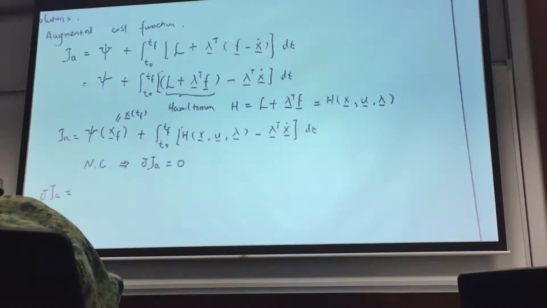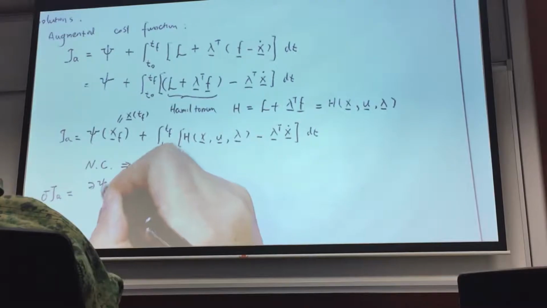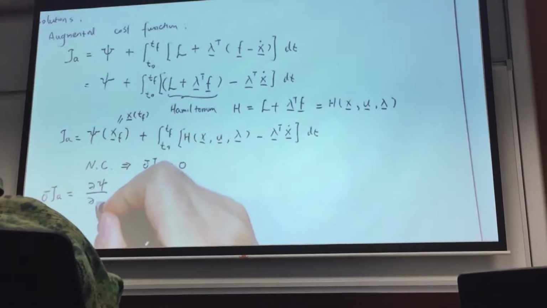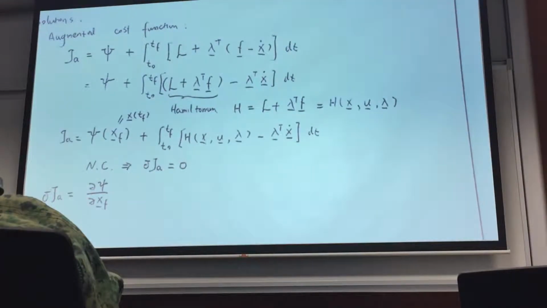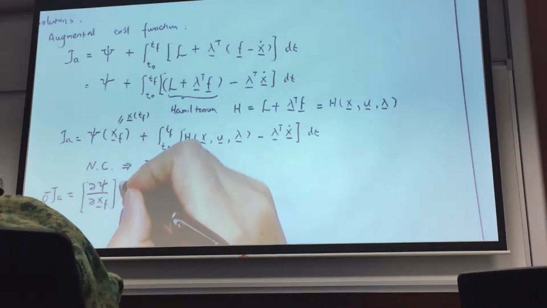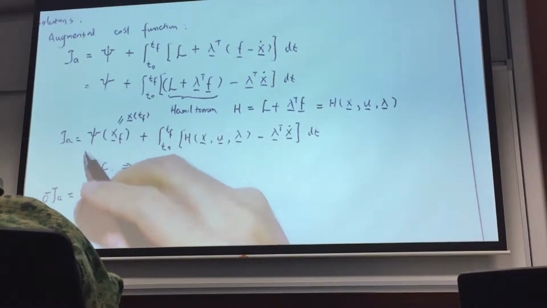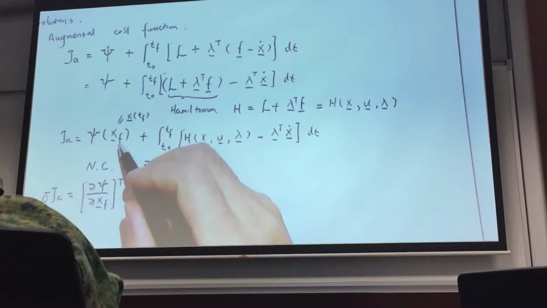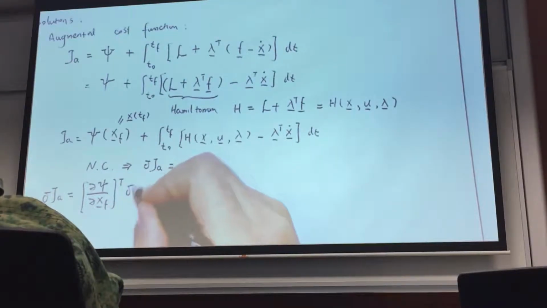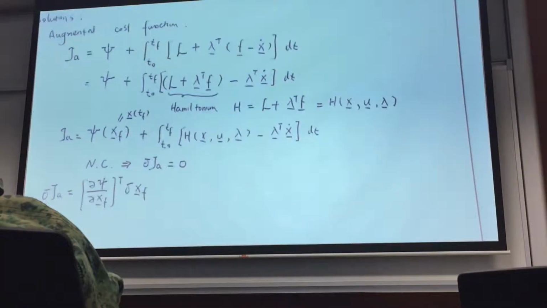So for the first one, the derivative is d psi over dx_f, transpose, multiplied by the perturbation on the variable, so it's delta x_f. So this is the perturbation to the first term.